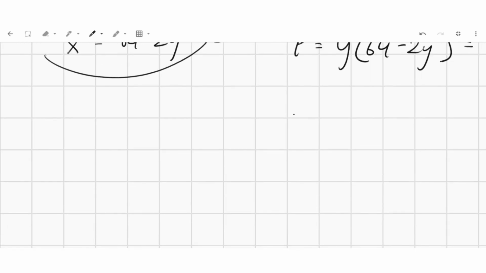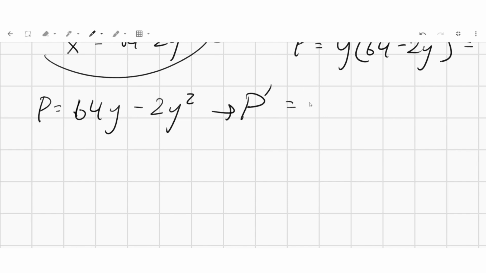So, as we wrote, P is now equal to 64Y minus 2Y squared. And so, P prime is going to equal 64 minus 4Y.